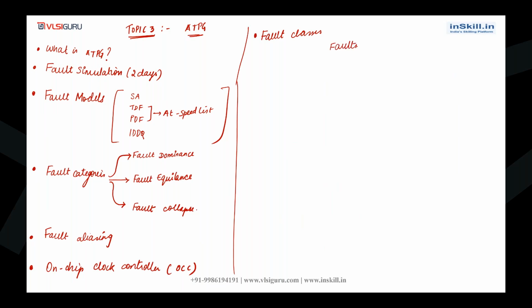Faults are broadly classified as testable faults and untestable faults, and each of them has its own subclasses. Subclasses of untestable faults are unused, tied, blocked, and redundant.